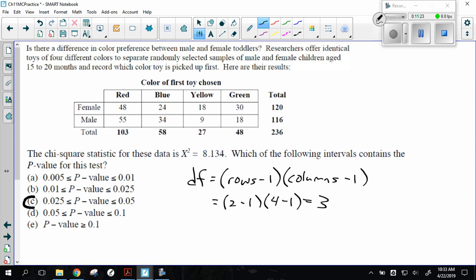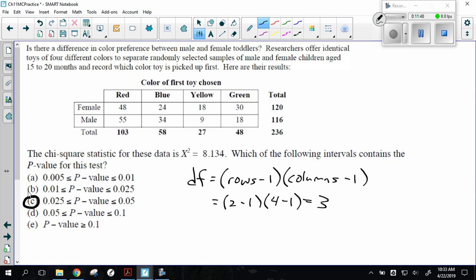We choose C. There it is. Sorry, B minus. So there we go. The answer is C.